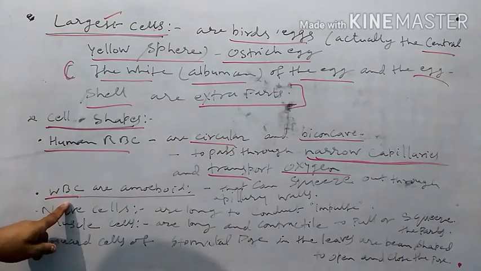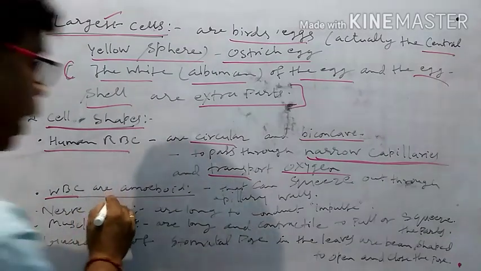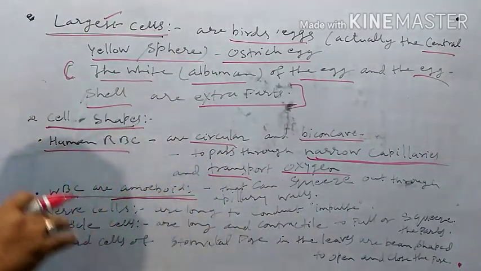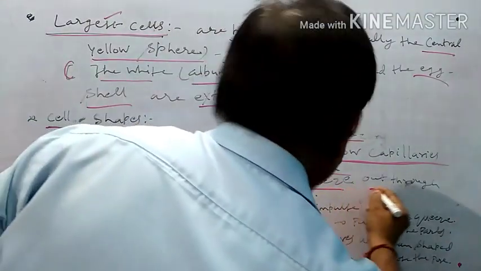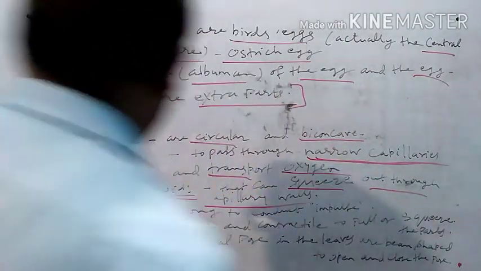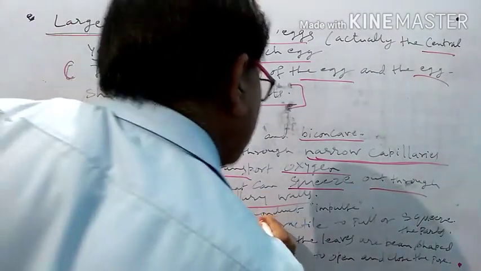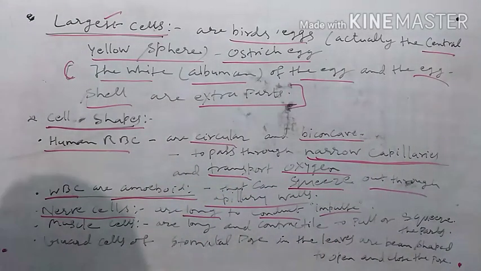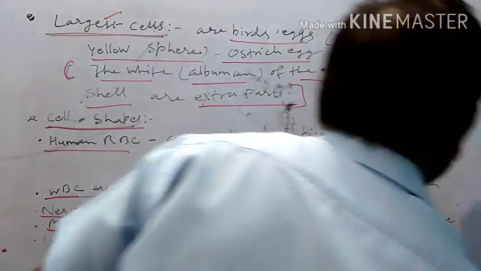RBC are red blood corpuscles. WBC are amoeboid. It means they have an amoeba-like structure that can squeeze out through capillary walls. Nerve cells are long to conduct impulses up to the brain and vice versa. Muscle cells are long and contractile to pull or squeeze the parts.